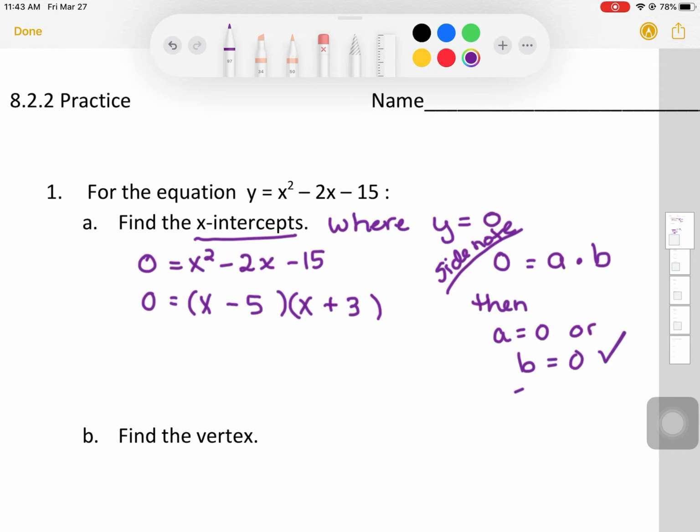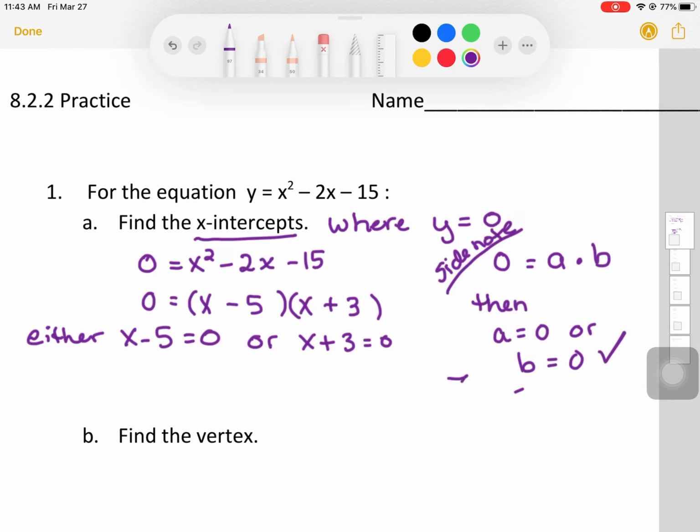So if it is the case that 0 equals x minus 5 times x plus 3, the only way that I can have this product equal 0 is that either x minus 5 equals 0 or x plus 3 equals 0.